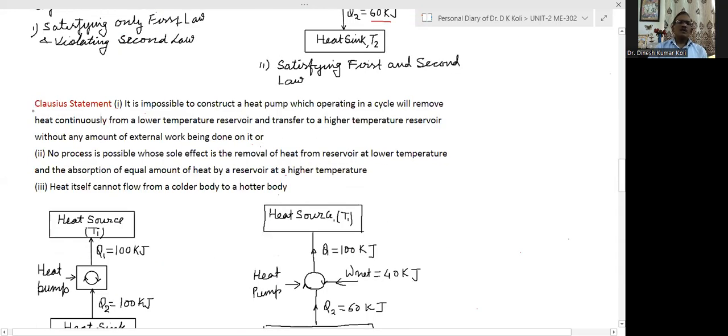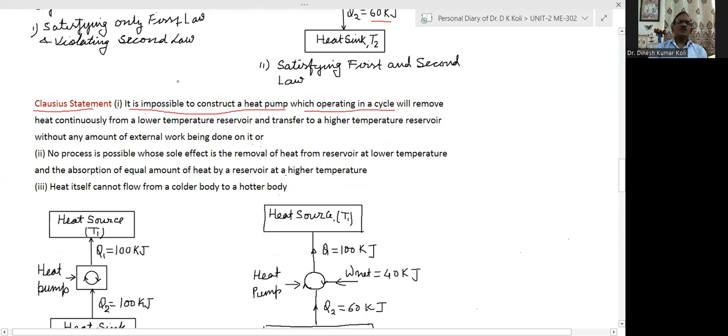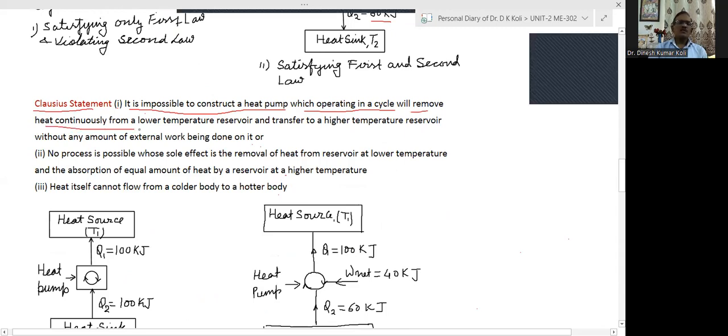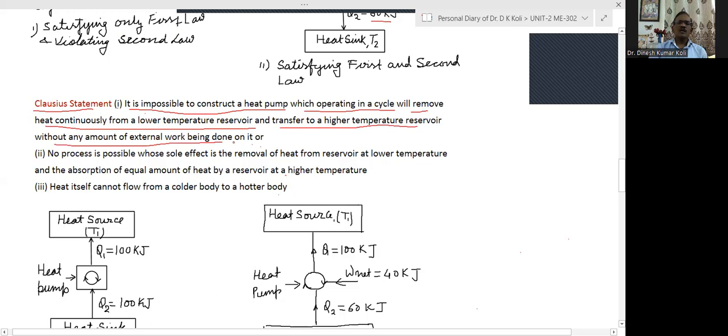Now, the second one is the Clausius statement. It says it is impossible to construct a heat pump which, operating in a cycle, will remove heat continuously from a lower temperature reservoir and transfer it to a higher temperature reservoir without any external work being done on it.